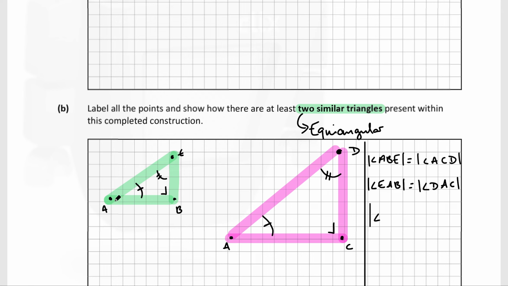We've got similar triangles. So the measurement of angle BEA is equal to the measurement of the angle CDA.